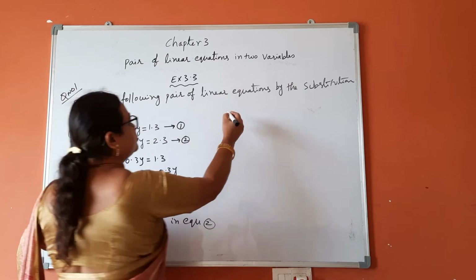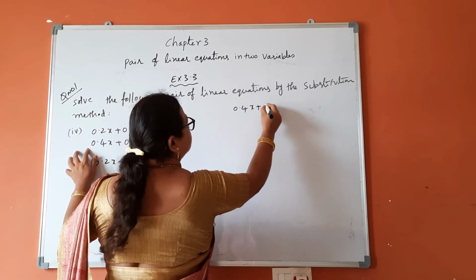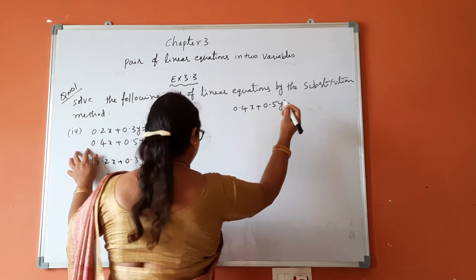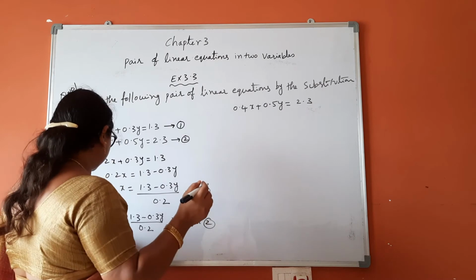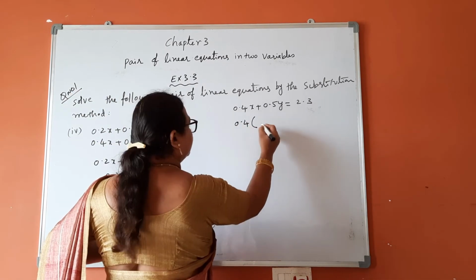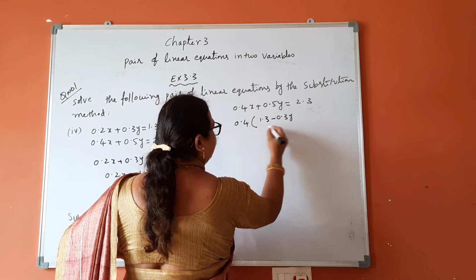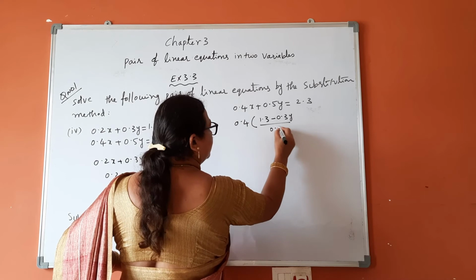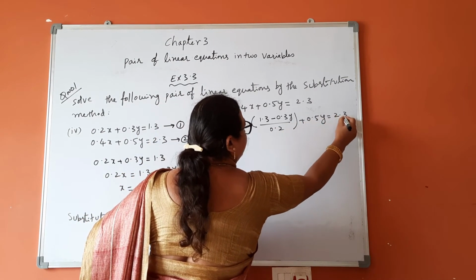What is equation 2? 0.4x plus 0.5y is equal to 2.3. So x is nothing but (1.3 minus 0.3y) by 0.2, so 0.4 into (1.3 minus 0.3y) by 0.2 plus 0.5y is equal to 2.3.